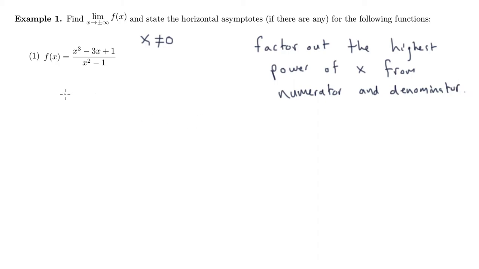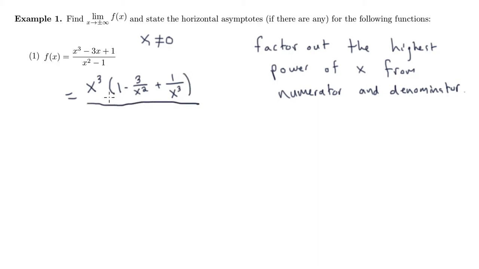Okay, so what I mean is the highest power of x from the numerator is x cubed. So I'm going to rewrite this function as x cubed times 1 minus, if I factor out an x cubed from 3x, I'm going to get 3 over x squared, and then plus 1 over x cubed.